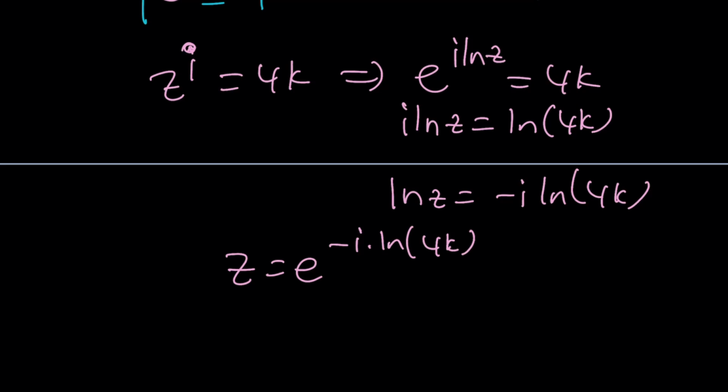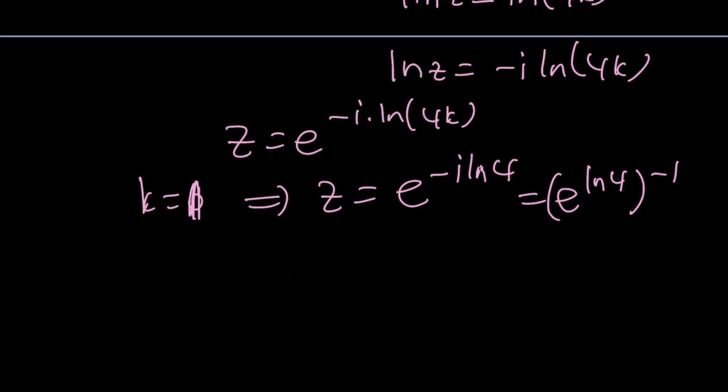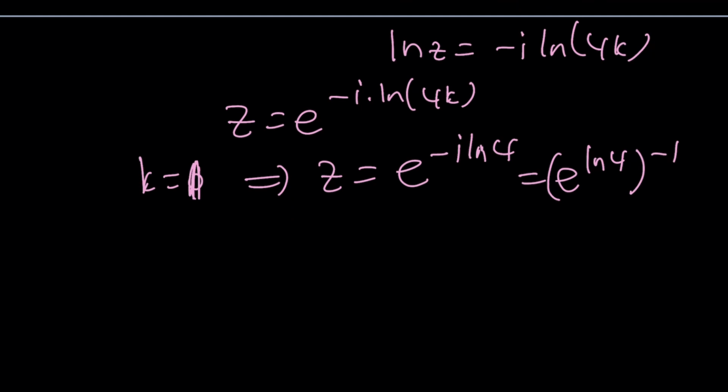And in this case, if you set k equals 1, I meant, not k equals 0, you would get something like negative i ln 4. This would be e to the power ln 4 to the power negative i, which is 4 to the power negative i, and so on and so forth. Anyways, hopefully you got the idea, and that should give you 1 at the end.